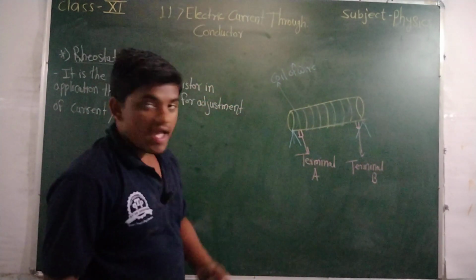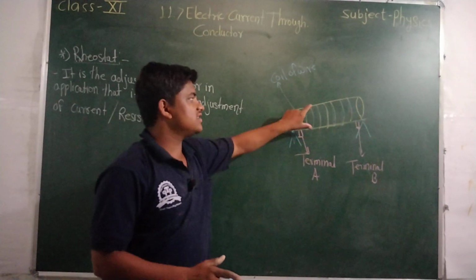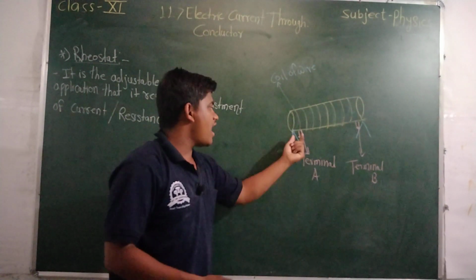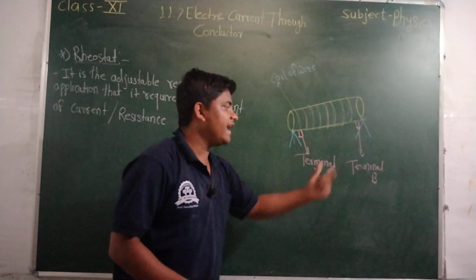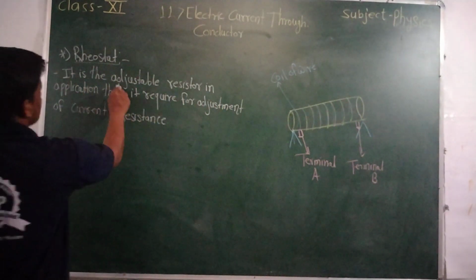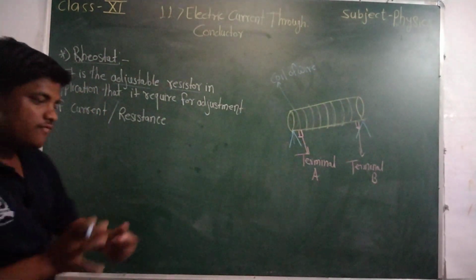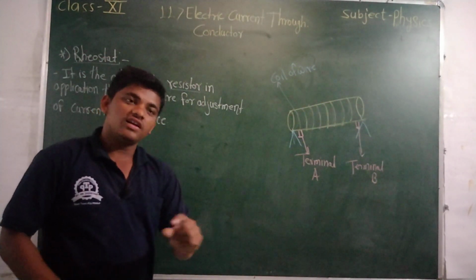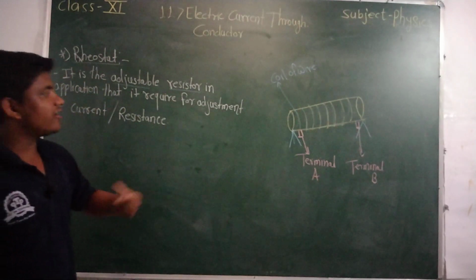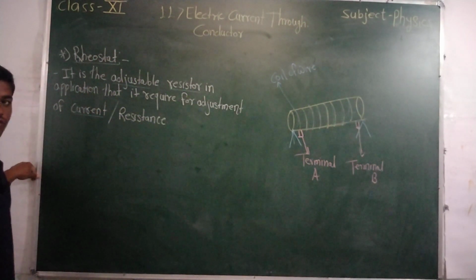How can it be adjusted? This is all about the resistance. It is a coil which is wound, and these are two terminals, terminal A and terminal B. We said it is an adjustable resistor. When we adjust the resistance, we automatically control the current also.